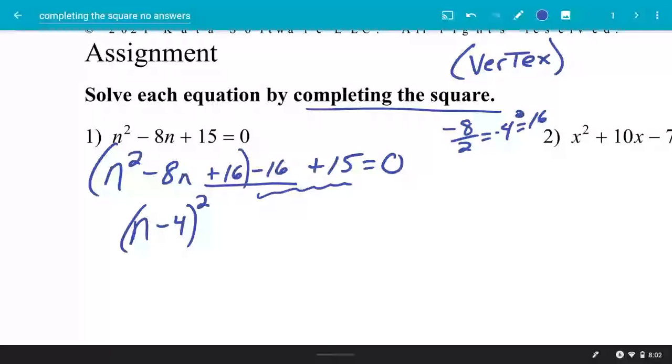And then combine my two constants on the outside, -1, equals 0. Now I'm not getting into the solutions right now. We'll worry about those later. I just want the vertex, and the vertex then would be 4, -1.